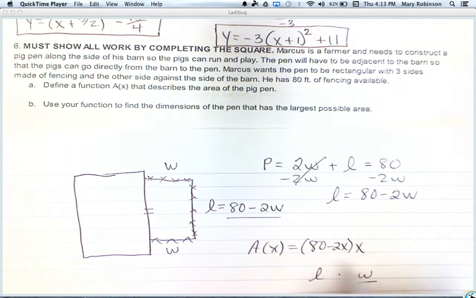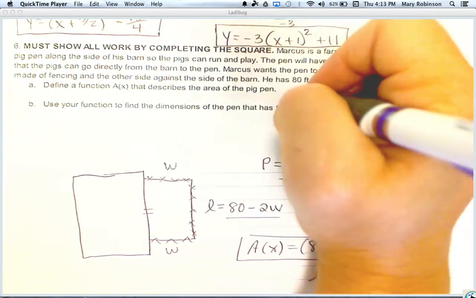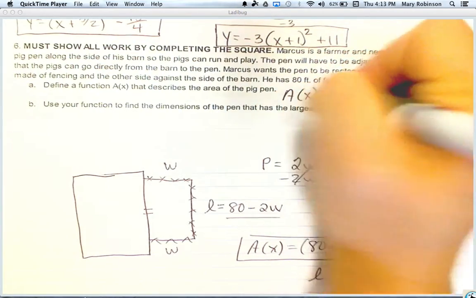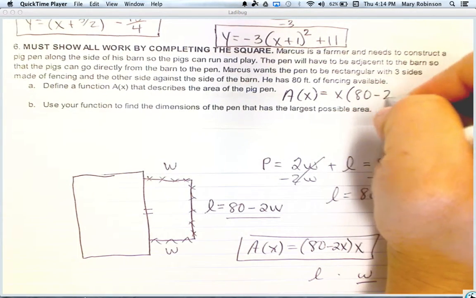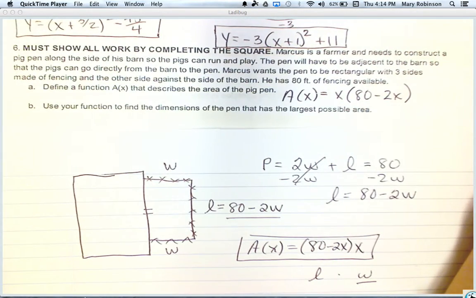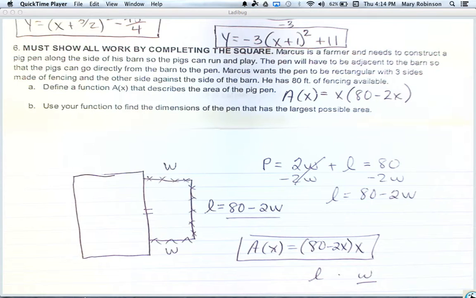So this is our expression that defines the area of the playpen. This is acceptable, okay? So A of x equals, I'm just going to put the x in front because it's a monomial, x times 80 minus 2x. If you want to distribute it and put it in standard form, that's fine. You are going to, for part B, have to put it in standard form anyway.